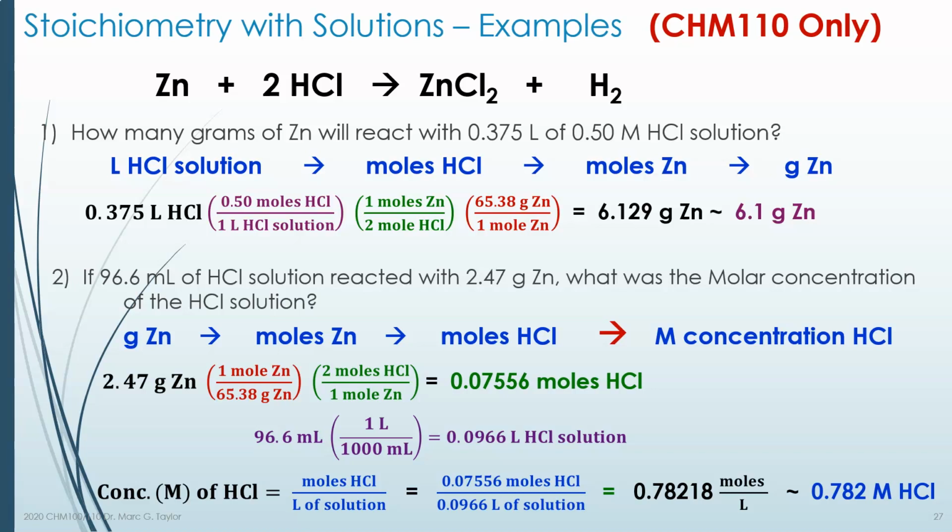And our third conversion factor in purple is 1 liter to 1,000 milliliters. That's an exact conversion, so that also has infinite significant figures. So of all those 5 numbers we're looking at, three significant digits is the least, so we round it to three significant digits, or 0.782 molar, that's moles per liter, HCl, and that's our answer, and we'll stop here.